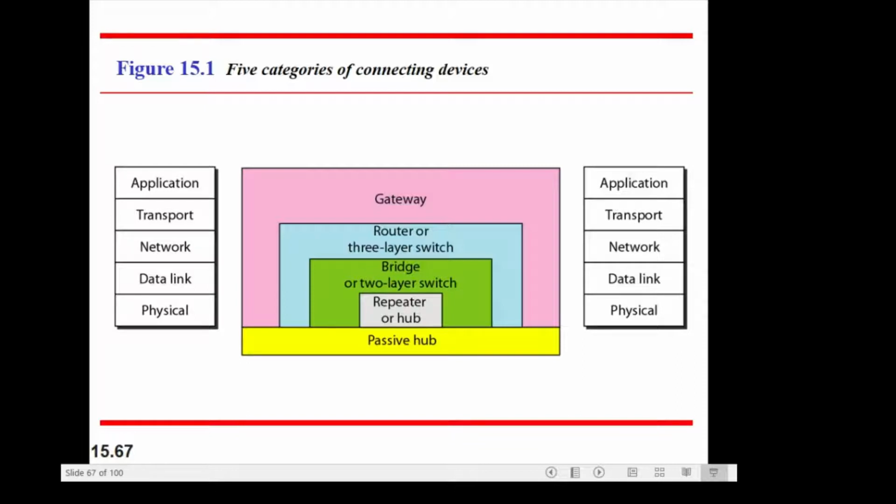The fourth category is those devices that operate at the physical, data link, and network layers, such as a router or 3-layer switch. And the fifth category, those which can operate at all 5 layers, such as a gateway. So these are the 5 categories of connecting devices.